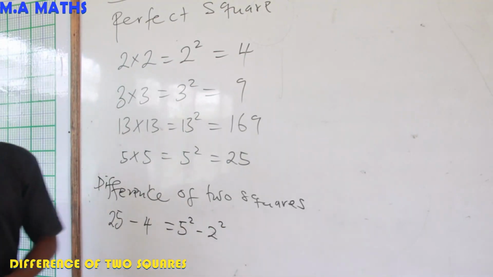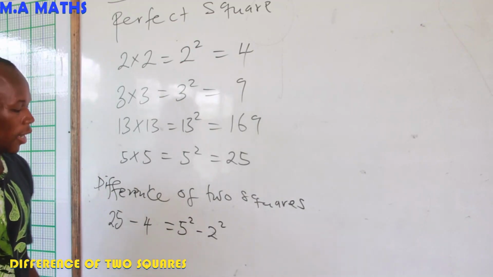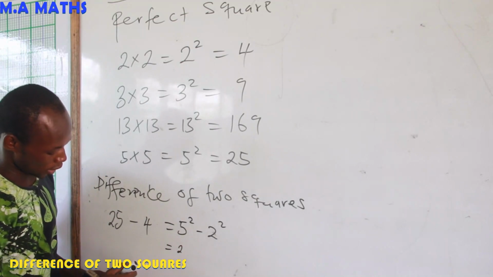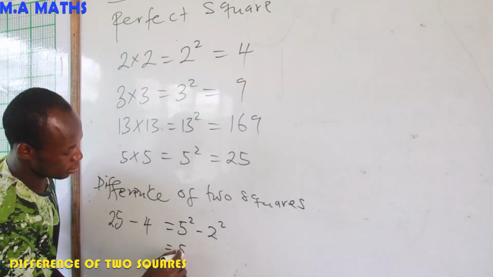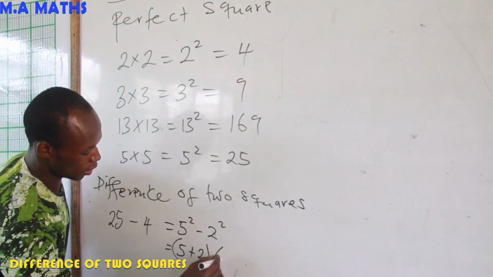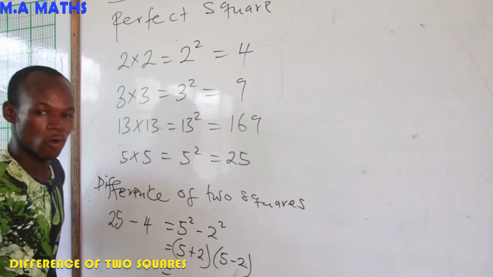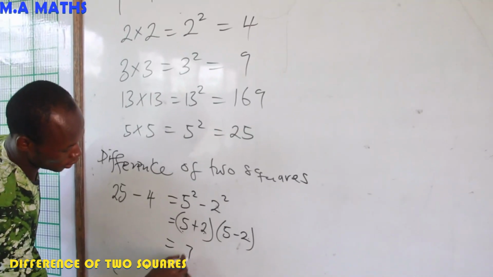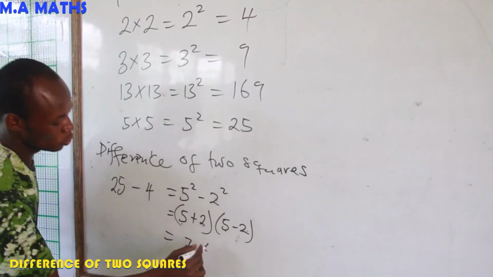So this is a difference of 2 squares. And in this case, I can get my answer as 5 plus 2 multiplied by 5 minus 2. If I do it well, I'll get 5 plus 2, you have 7, and 5 minus 2 will give me 3.